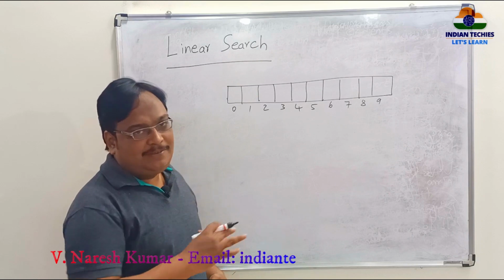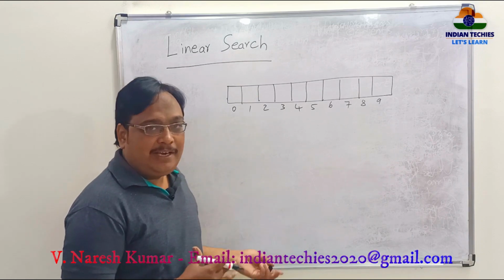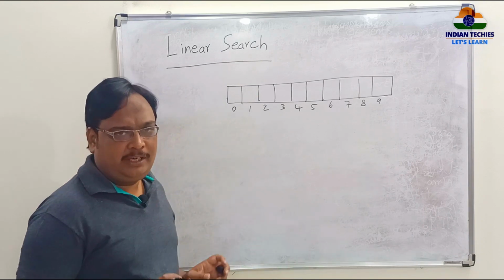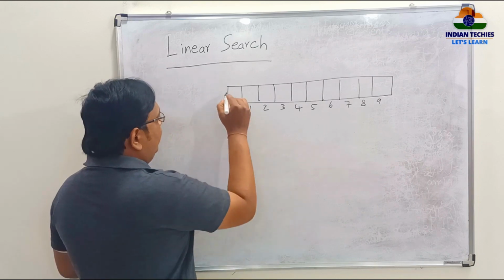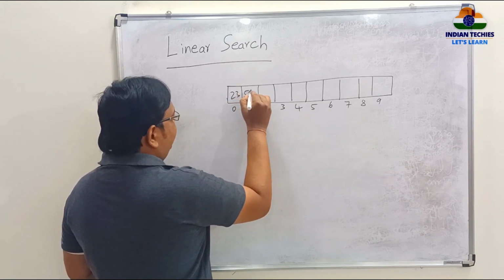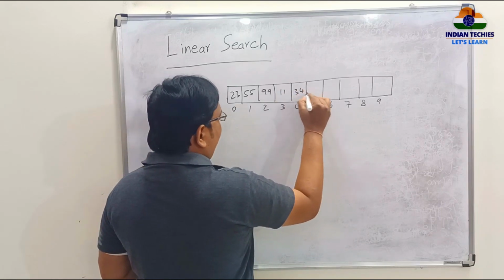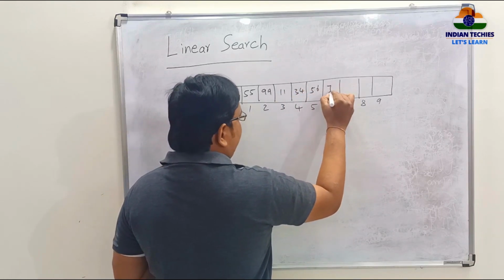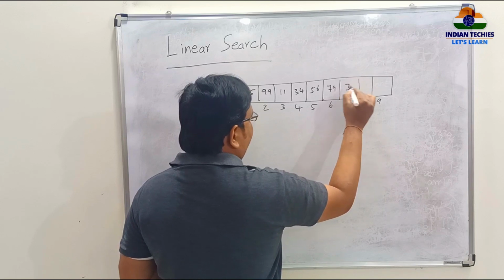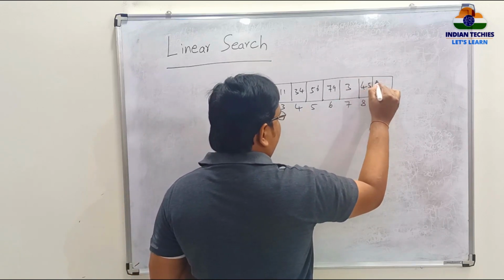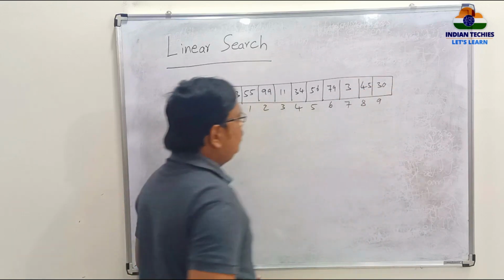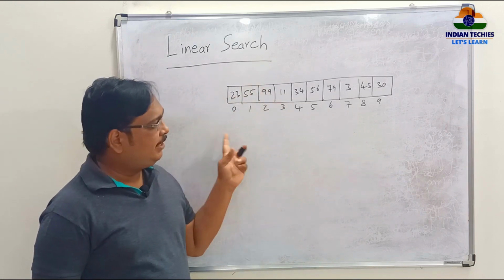Let me insert some values. You can insert any values in any order; there is no particular order. So I am inserting 23, 55, 99, 11, 34, 56, 79, 3, 45, 30. These are the values I have inserted into the array.